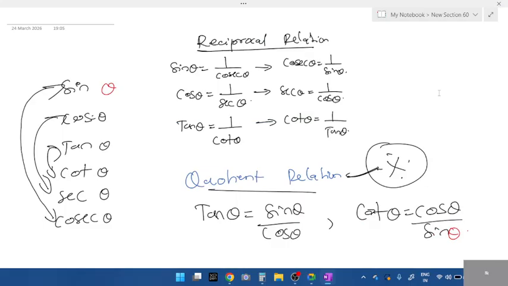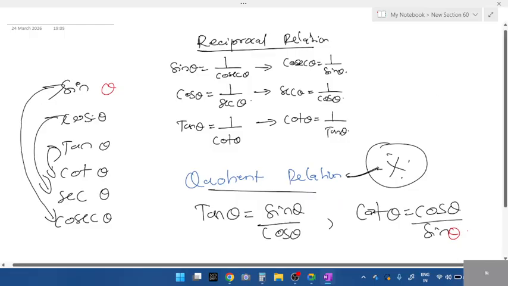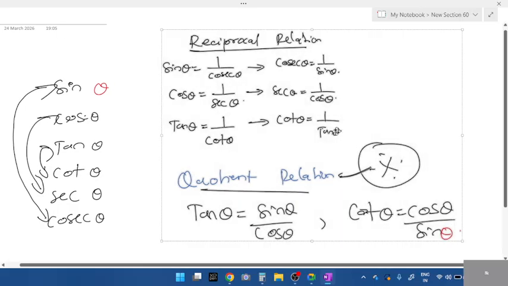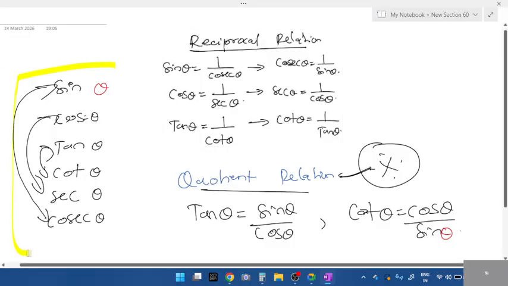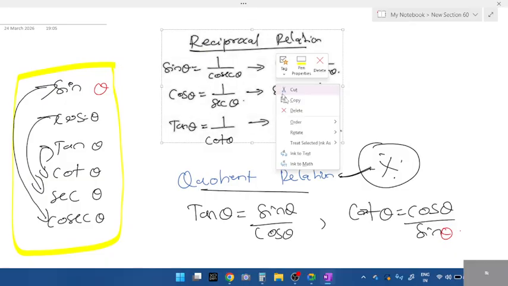Okay, next one. Just a minute. Quotient relation is done, students. Look here. Everything depends on this order which I have written: reciprocal, next, quotient relation.